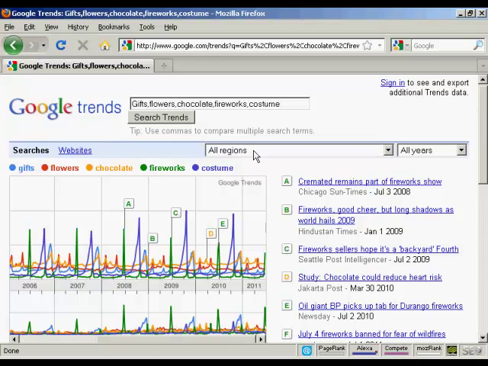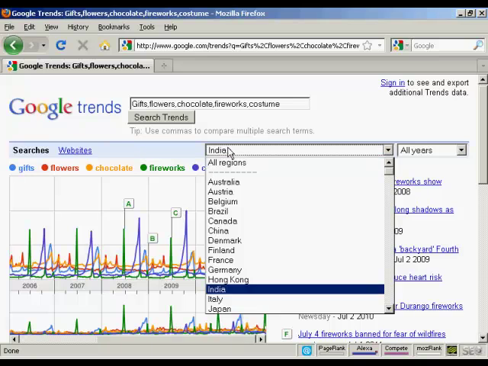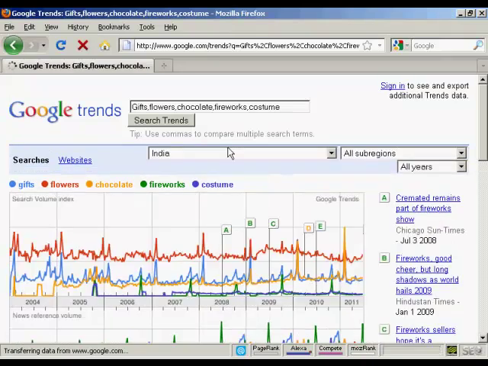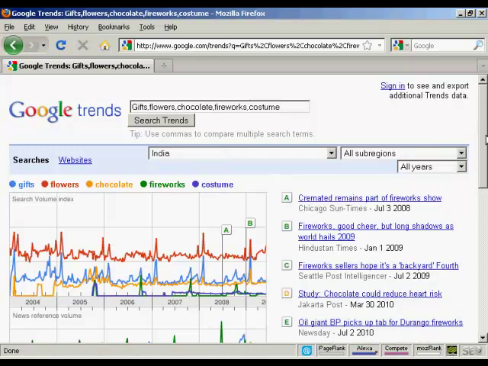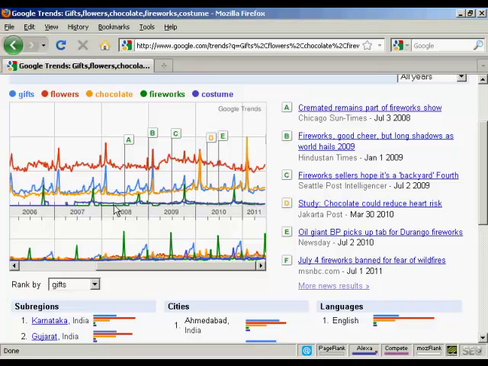Now, let's say we change this. Let's say I look at the search volumes for India, for example. We can see, if I just scroll down here, that the pattern for flowers, it goes up a bit at the beginning of every year, as do gifts.